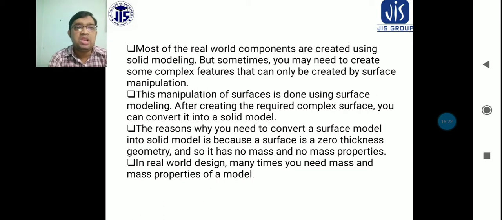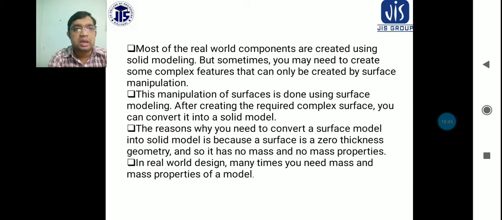The reason why you need to convert a surface model into a solid model is that a surface is a zero thickness geometry. If you do not convert it to a solid shape, it will be eliminated and not seen properly.